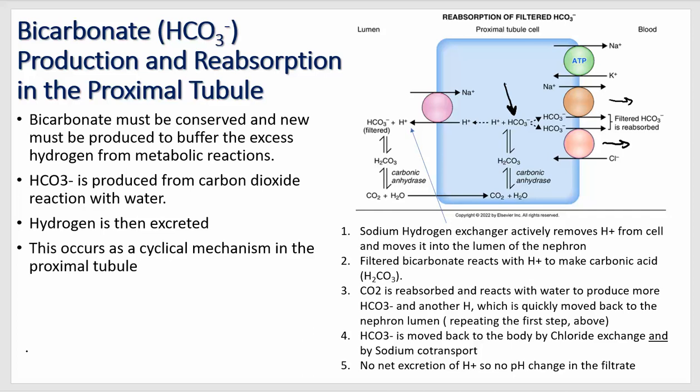So we use this equation that we know and love: carbon dioxide and water to carbonic acid to bicarbonate and hydrogen. And then we push the hydrogen out through exchange with sodium. Remember, sodium wants to get in the cell, so we flip it and say the hydrogen is out, and then it will go away on one of the urine buffers.